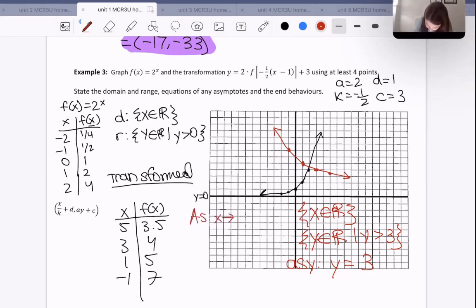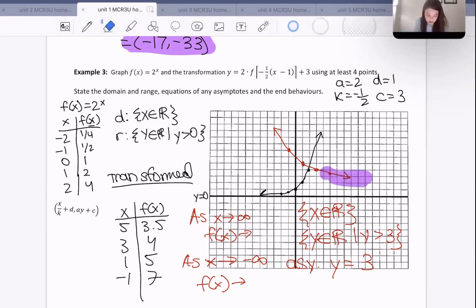As x approaches infinity, f of x approaches something. And as x approaches negative infinity, f of x approaches something. All right, so as x approaches infinity, it's happening on this side now, right over here.